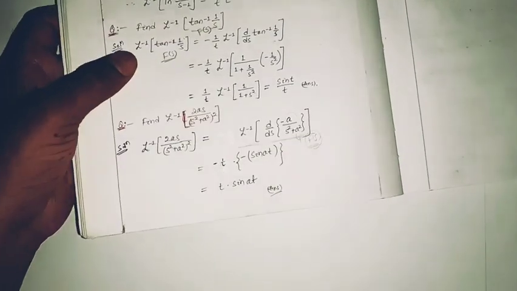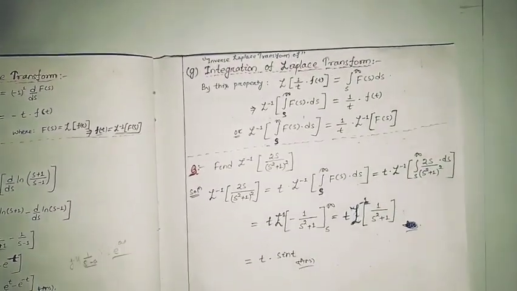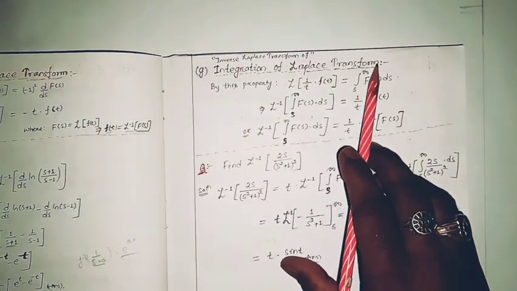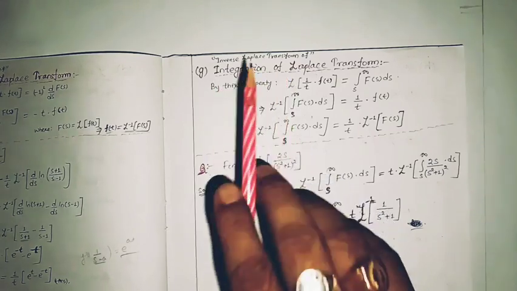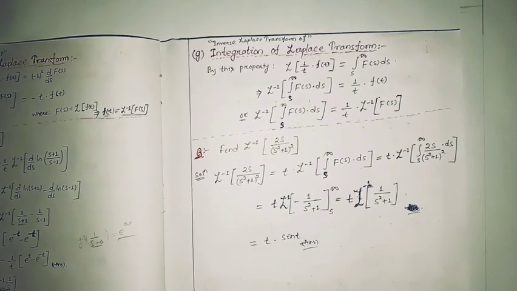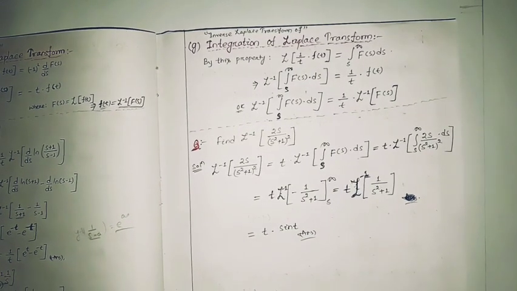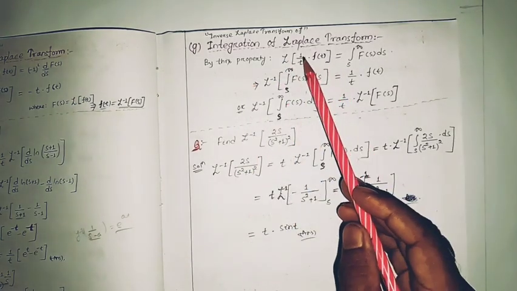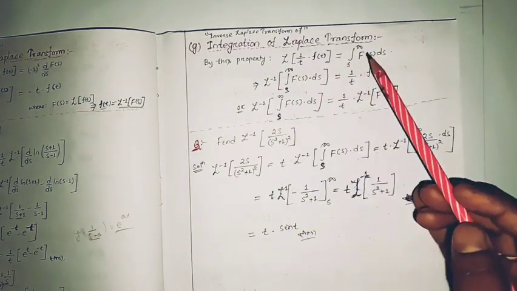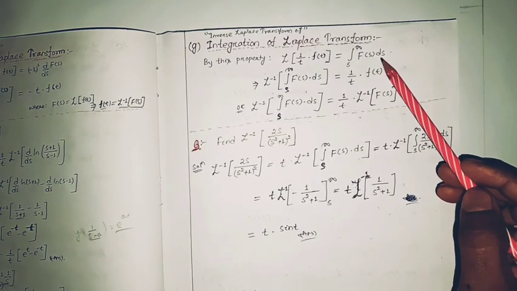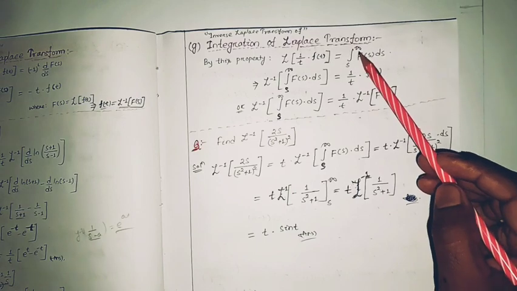Okay. Next we are going to go for the next property, that is the integration of the Laplace transform. Actually here we are discussing the inverse Laplace transform of the integration of the so-called Laplace transform. By this property, the Laplace transform of 1 by t into f of t is equal to the integration of capital F of s with respect to ds, limit from s to infinity.